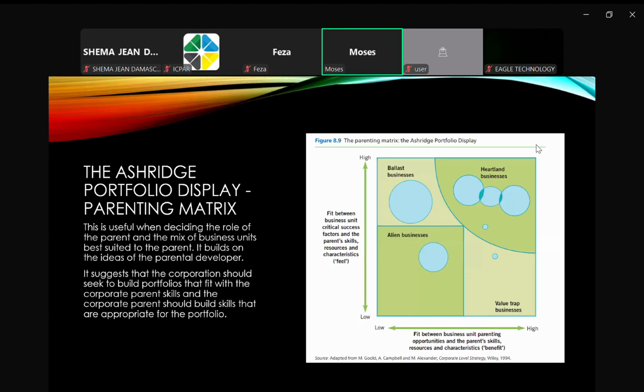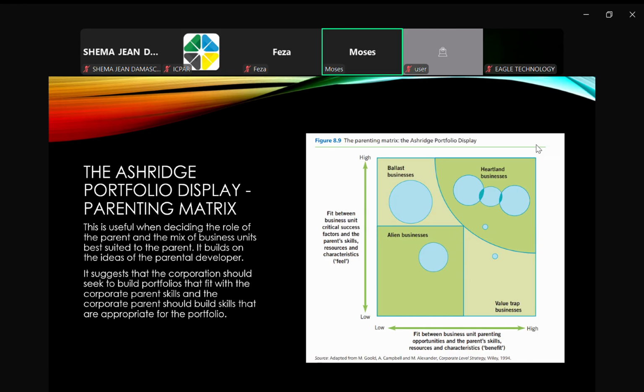The third and last one is the Ashridge portfolio display. The Ashridge portfolio display is a model that is supposed to help a company decide, especially the corporate parent, whether there is a fit between the center or the parent and the portfolio, the business unit, or the product.